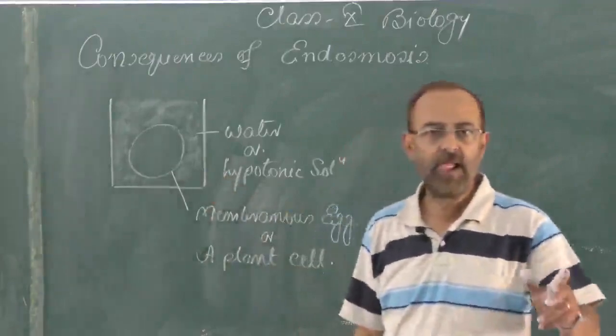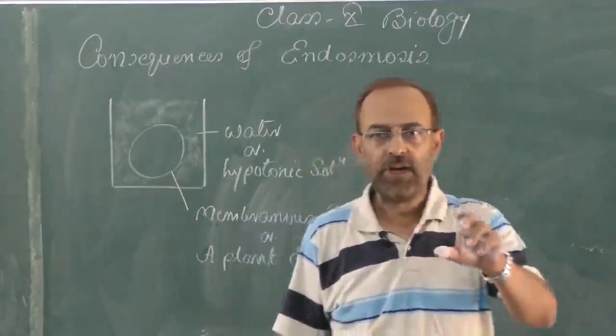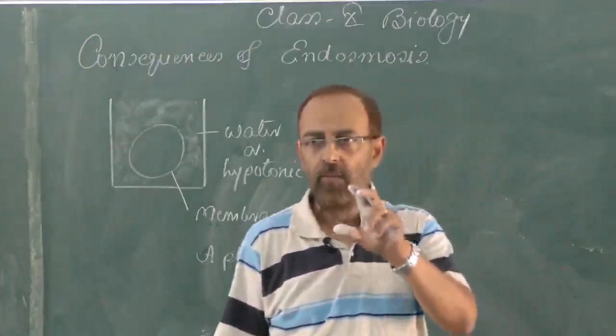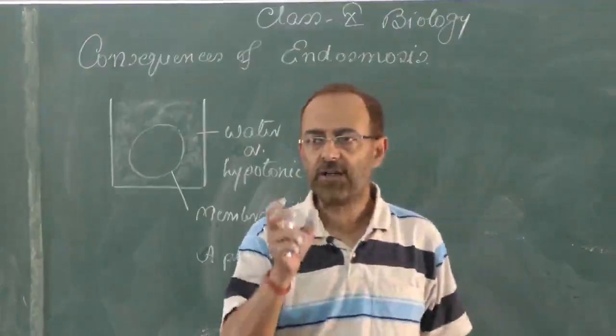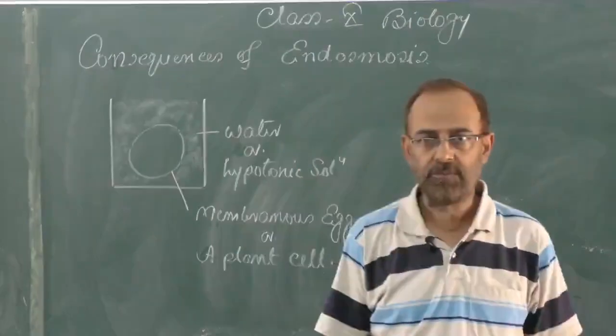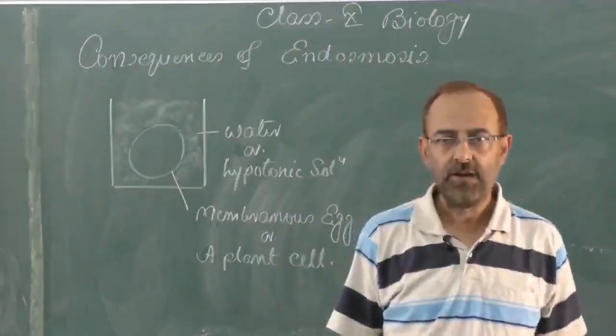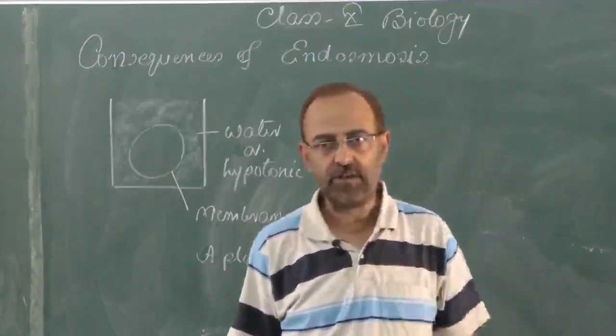What is membranous egg? Now, you know that egg of bird is externally covered by means of a hard shell of calcium, calcareous shell. Alright, this is basically calcium carbonate.